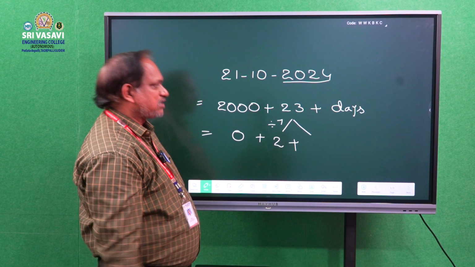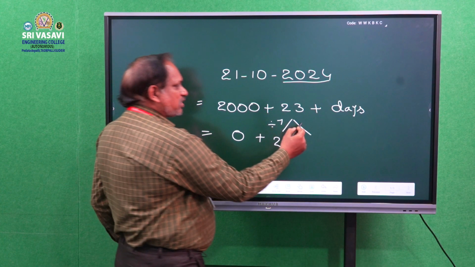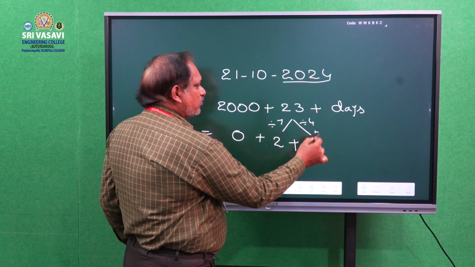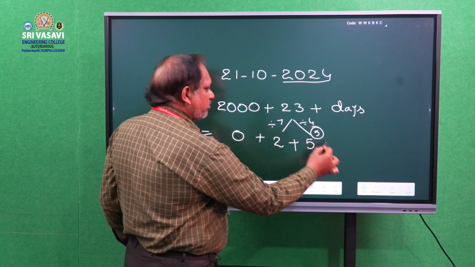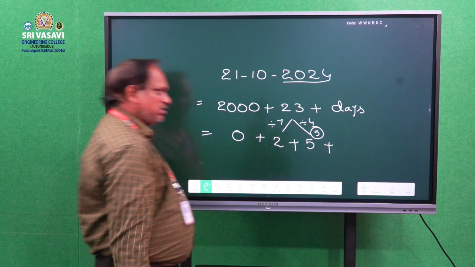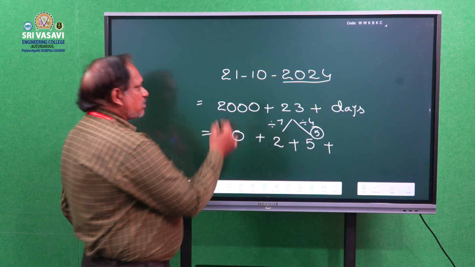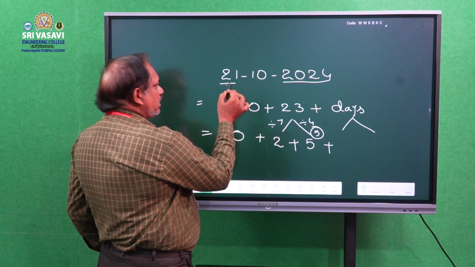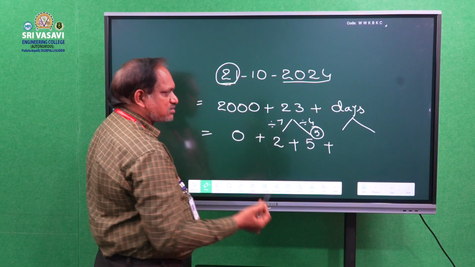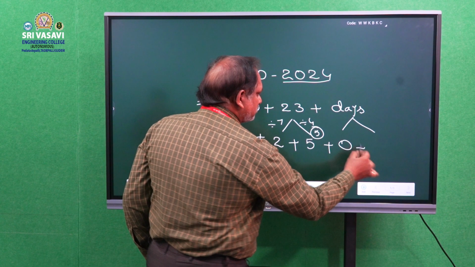Number of leap years: for every 4 years once a leap year, therefore there are 5 leap years. 5 when divided by 7, the remainder is 5 only. And that last step, days, 21 days. Identification of 21 days, odd days are 0.